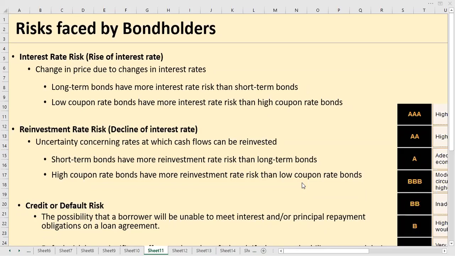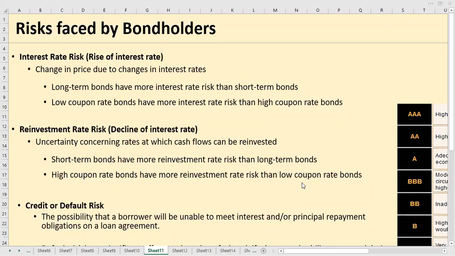Now, how are you going to deal with this type of situation in the market? For example, if you are going to buy a long-term bond, you know that you are going to be exposed to interest rate risk, but you can make up your mind that you are exposed to less reinvestment risk. But if you buy a short-term bond, you can minimize your interest rate risk, but you are exposing yourself to the reinvestment risk.